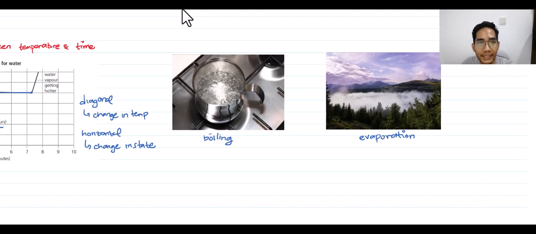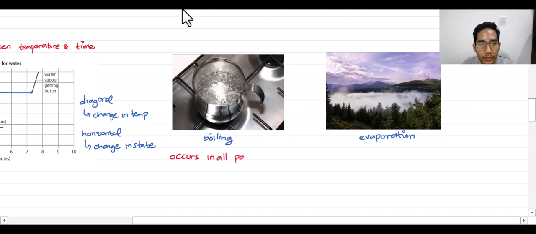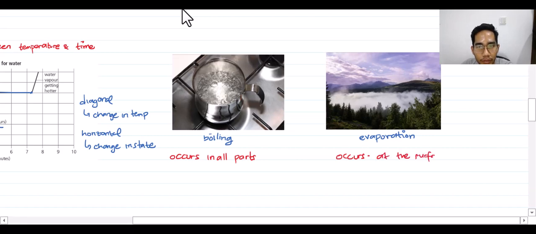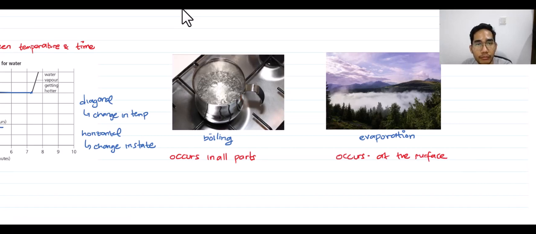Yes, it indicates that the change of state from liquid to gas in boiling occurs in all parts of the liquid. Meanwhile, evaporation only occurs at the surface of the liquid. So it doesn't happen in all parts of the liquid.